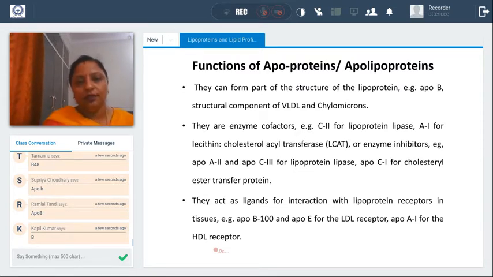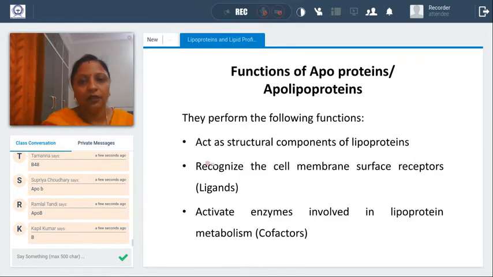So it is very important that these functions of apoproteins or apolipoproteins are important in lipid metabolism. You can see them as structural components of lipoproteins, as ligands, and as cofactors.